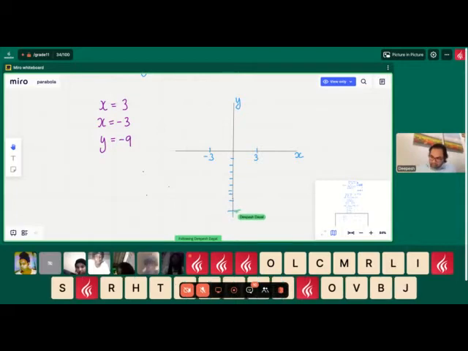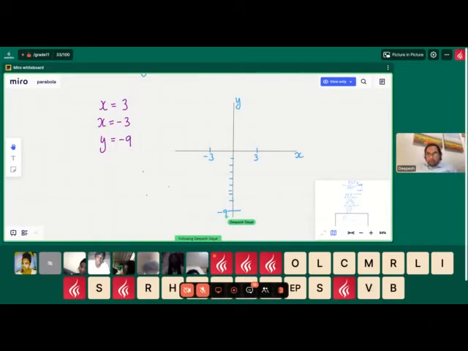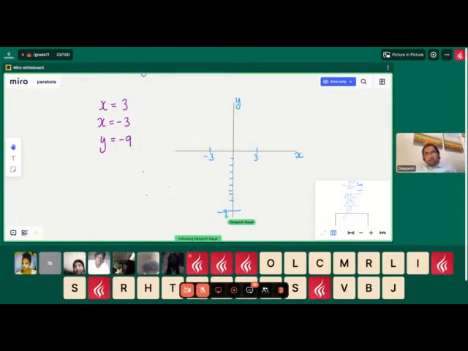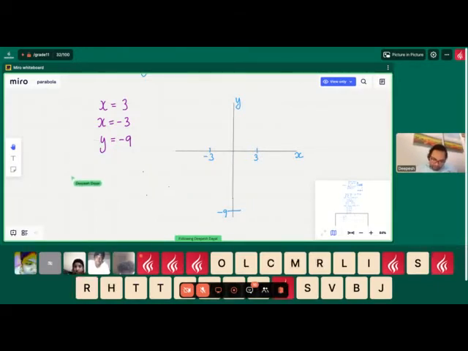So we've got here minus 9 being the y, right? Okay, so we are now going to draw a parabola, and we're going to draw it freehand. Remember, you don't use a ruler for this type of graph, okay? So I'm going to draw it freehand.